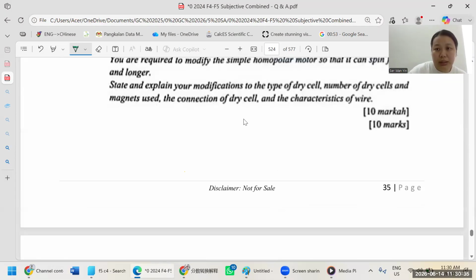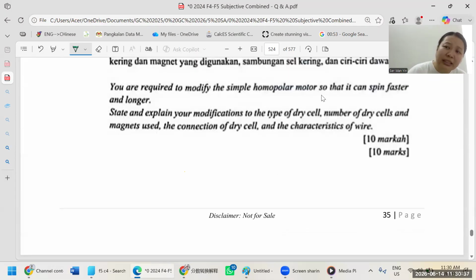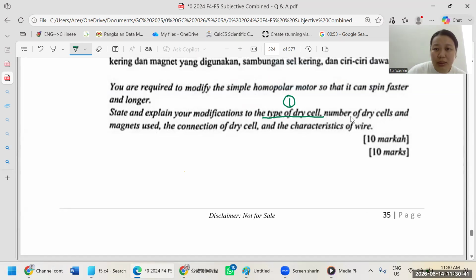This question is nicer and easier for you all. See, type of dry cell, number 1; number of dry cells, number 2; magnet used, number 3; connection of dry cell, number 4, series. When they ask about connection, normally series, parallel.